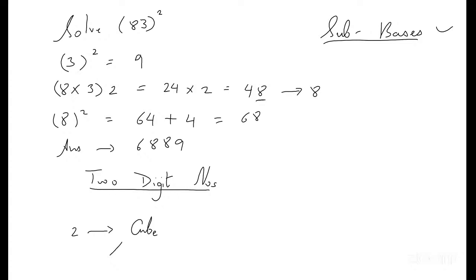Then a sutra to find out the cube root. That sutra is there, and then that's all. So these are the ones that we are going to see in the upcoming classes.